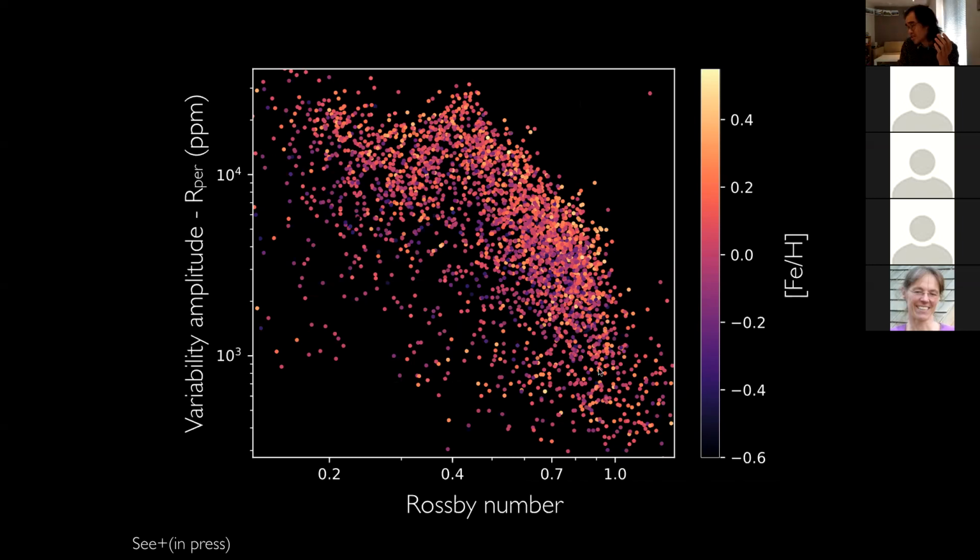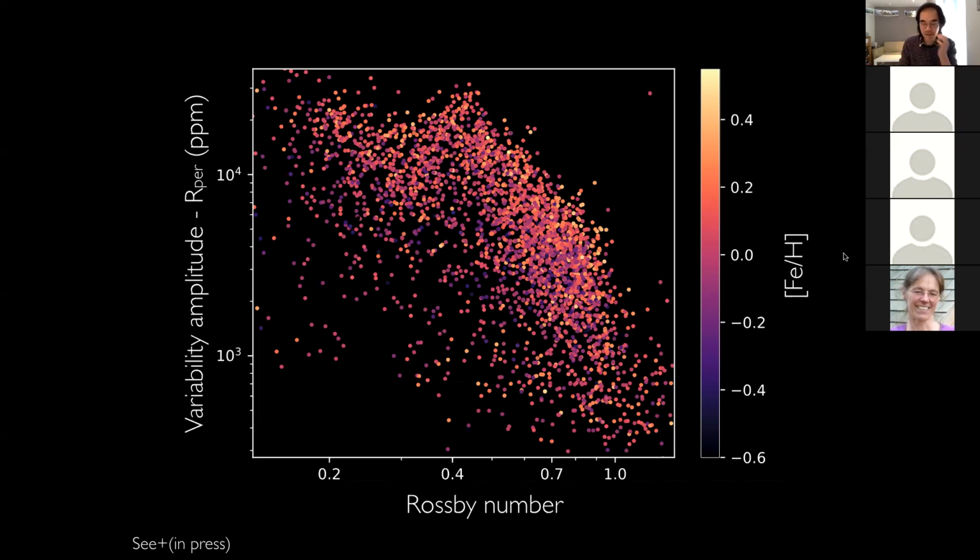You can see that the points in this region are more diffuse, more scattered. And so because the points in these two regions deviate away from this nice tight inverse power law relationship that we have here in this variability Rossby number space, that means that in variability metallicity space, the trends also sort of break down.